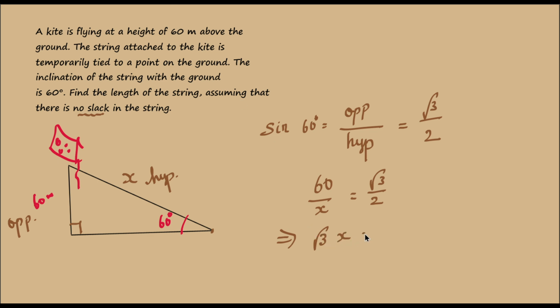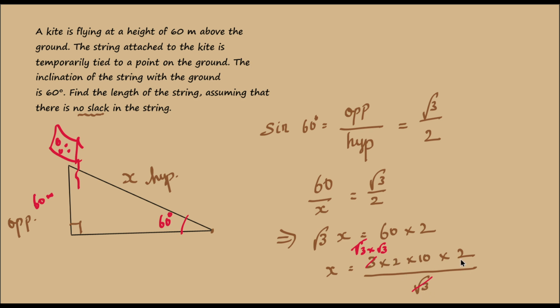Root 3x is equal to 60 into 2, or x is equal to 60 can be written as 6 into 10, or 3 into 2 into 10 multiplied by 2 by root 3. Why did I split up 60 and write it as 3 into 2 into 10? Because I just needed a 3 in the numerator, so that I can expand the 3 and write it as root 3 by root 3. And one root 3 can be divided. Both numerator and denominator can be divided by root 3. So ultimately I get this, right?